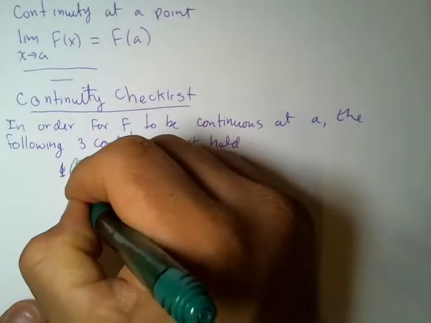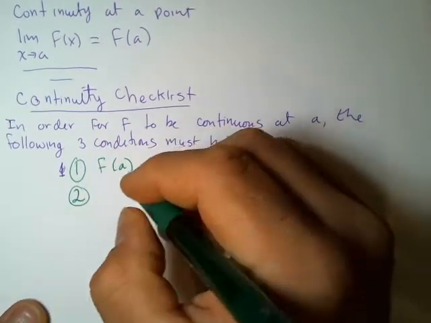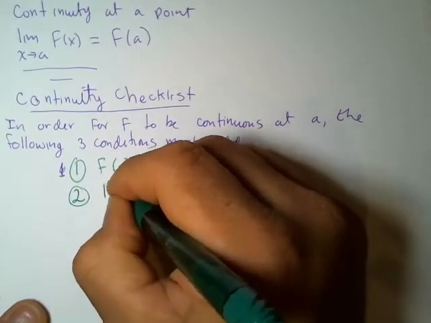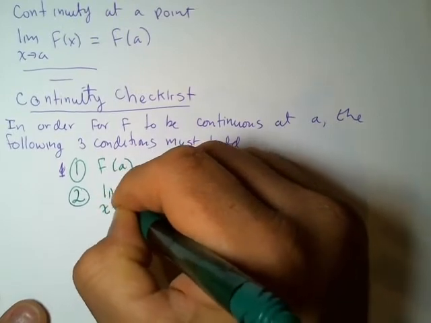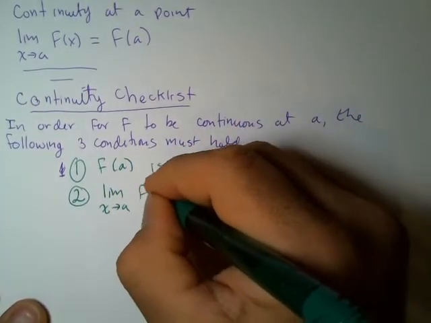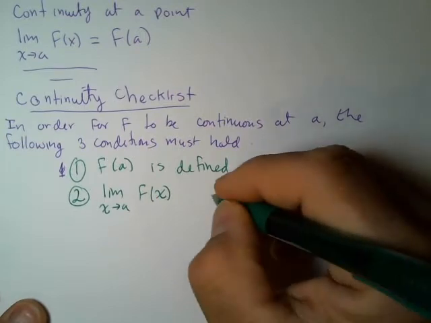The second thing is that the limit as x approaches a of f of x exists.